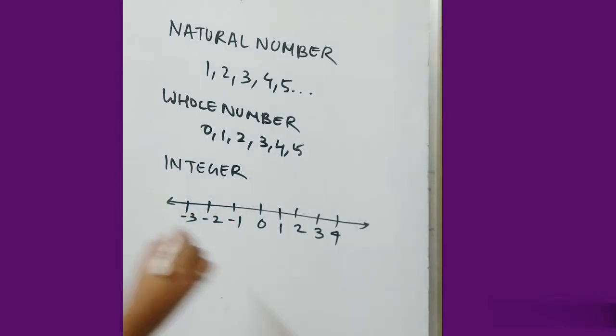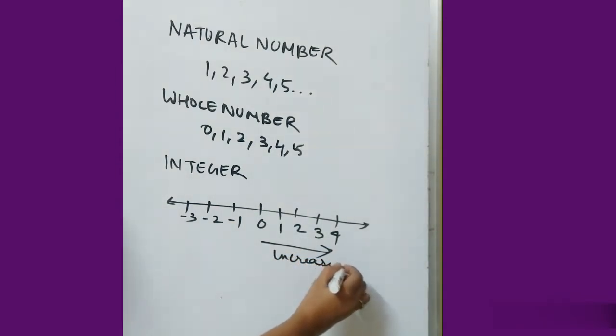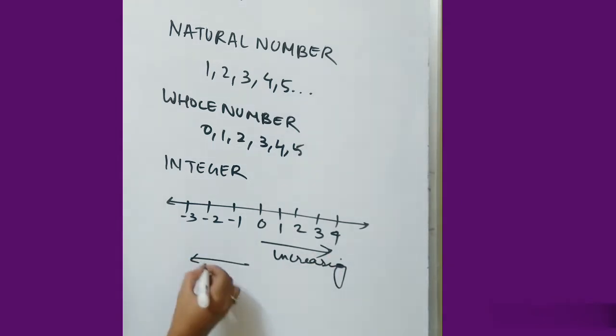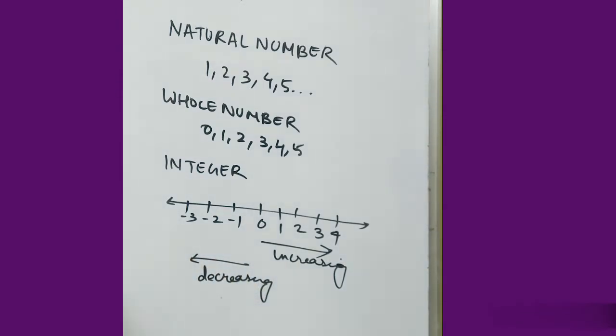And one more thing, student, this side is increasing and this side is decreasing. Why is it decreasing? Because those are negative numbers. We know that negative numbers are lesser than positive numbers and also less than 0. So always remember, integer consists of negative numbers, 0 and positive numbers.